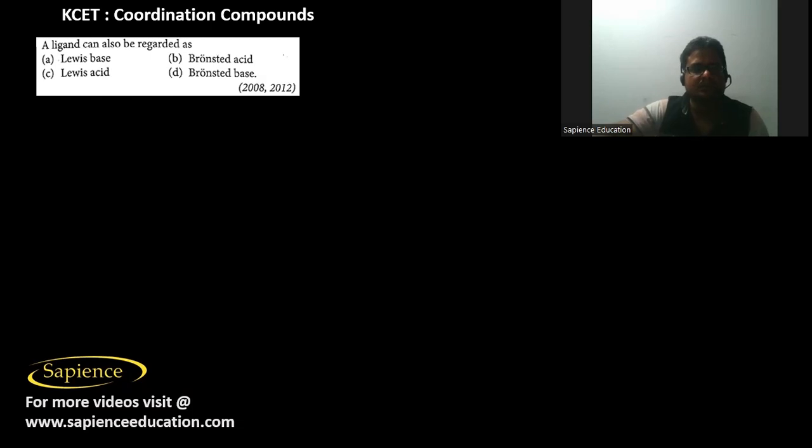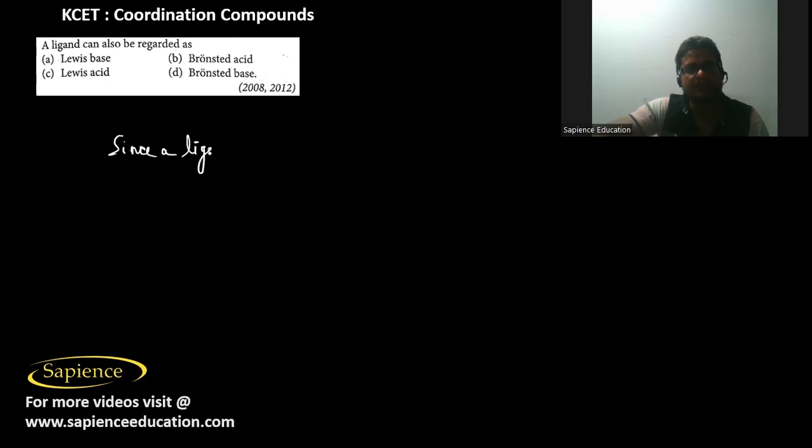And here it is told ligand can also be regarded as a Lewis base, since it will give electrons.